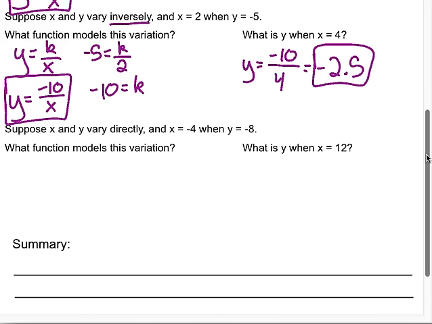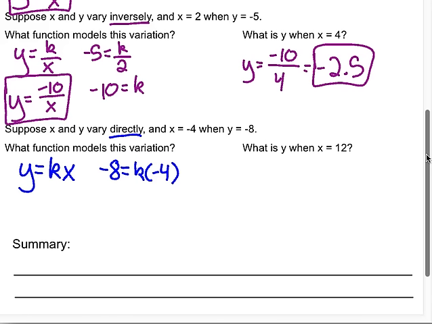Now, for this one, notice now they're varying directly. Directly means you're multiplying the constant variation by the variable. All right? So you have to know the difference between the two. That's going to be the key to this. So y is negative 8 when x is negative 4.